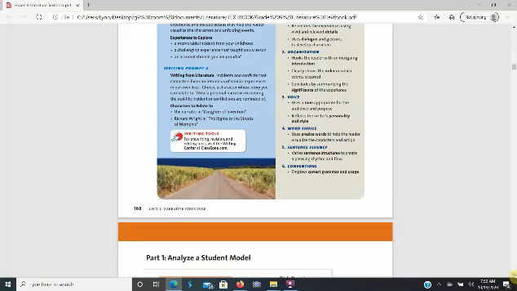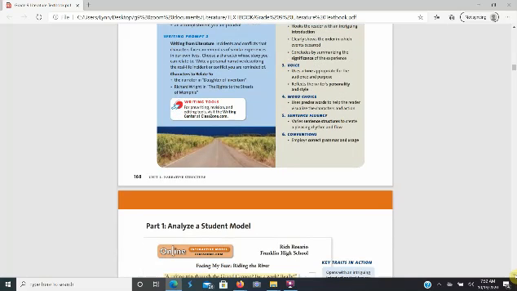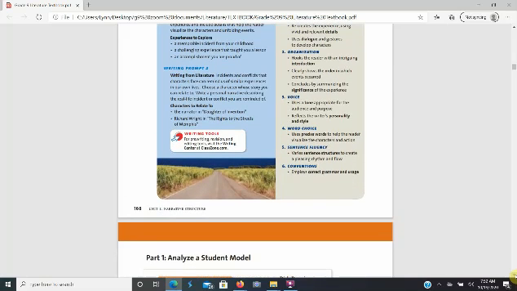Number 4, word choice. Word choice is extremely important. You need to use precise words to help the reader visualize the characters in action. If you go back to each of the short stories that we've read so far, you will be able to notice, you can picture how the characters looked, how they acted through their action, okay? It helps us know the characters and who they are and what they're like.